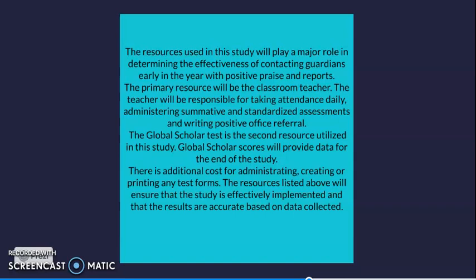The Global Scholar test is the second source utilized in this study. Global Scholar scores will provide data for the end of the study. There is no additional cost for administering, creating, or printing any test forms. The resources listed above will ensure that the study is effectively implemented and that the results are accurate based on data collected.